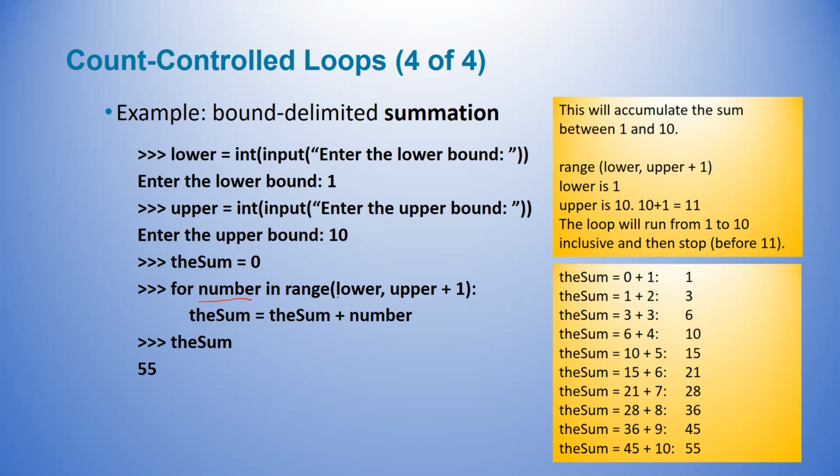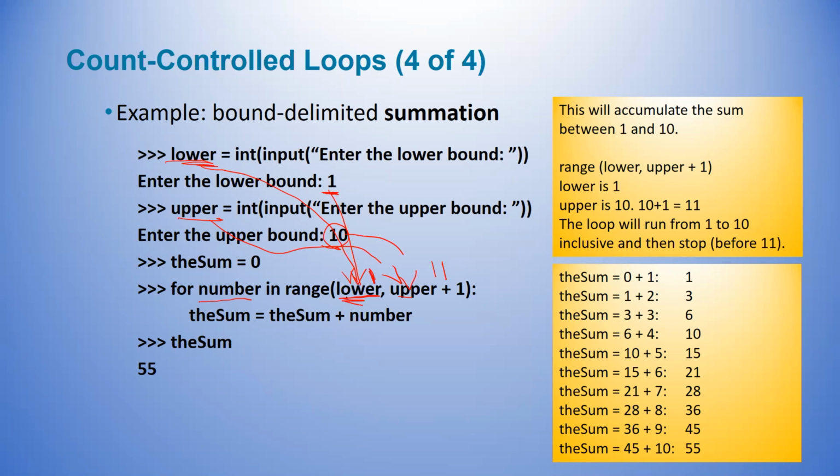And our range has 2 arguments. Lower, which is whatever the user enters, and the value for lower is 1. And upper is whatever the user enters, and the user entered 10. So 10 plus 1, that's 11. And this one, the user entered 1.